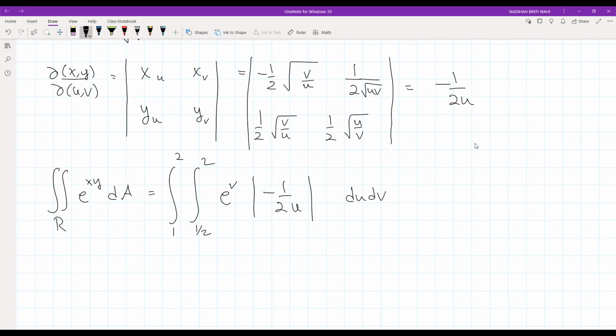Why? Because you remember, dA in terms of xy is just the absolute value of the Jacobian times dA in terms of uv. So this is just equal to the absolute value of 1/(2u) du dv.